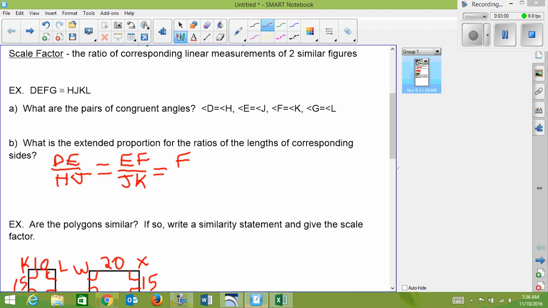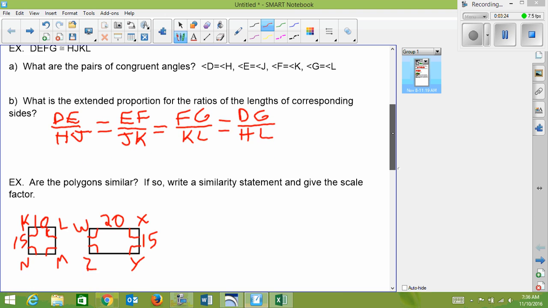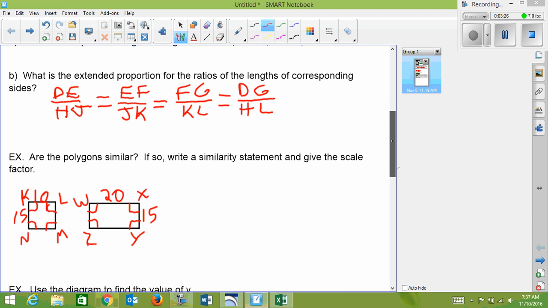Then FG matches up with KL. And I have one side left, which is the first letter and the last letter, so DG and HL. Just make sure that you match them up correspondingly. If you start at the beginning, then start at the beginning on the other one, just like we did in chapter 4 when we were writing all of our congruence statements. Similar thinking, but you're going to write it as proportions.